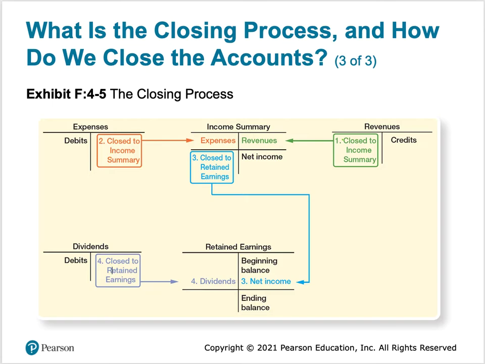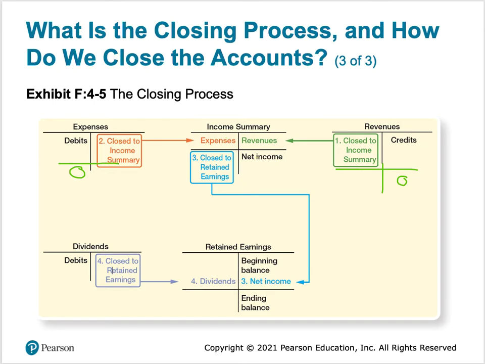The first process is to always close our revenues, and so since revenues have a normal credit balance, to get this to 0, we need to debit all of the revenues. So we'll debit the revenues and we'll credit income summary for the total of all the revenues. The second part is to close expenses. And so expenses have a normal debit balance. So we will credit the expenses and then debit income summary.